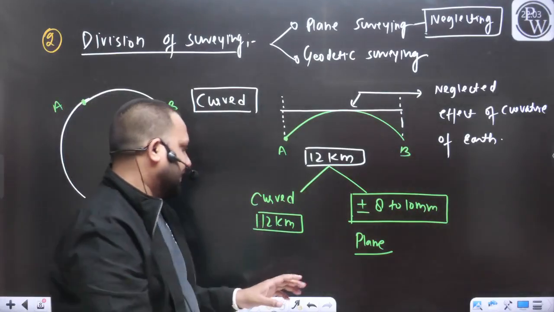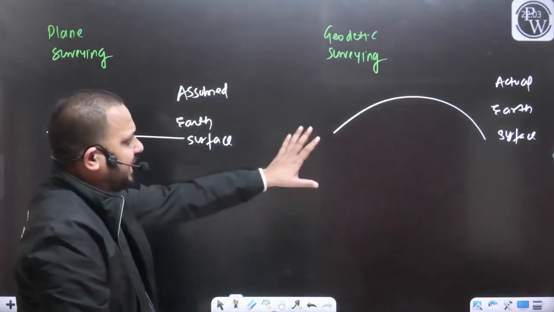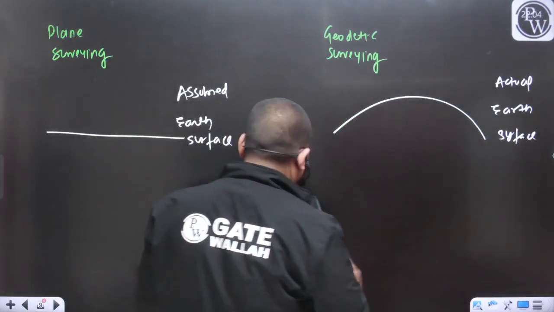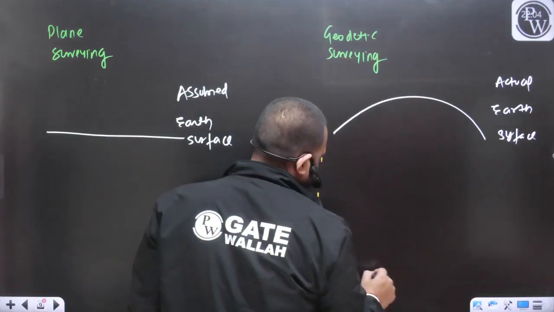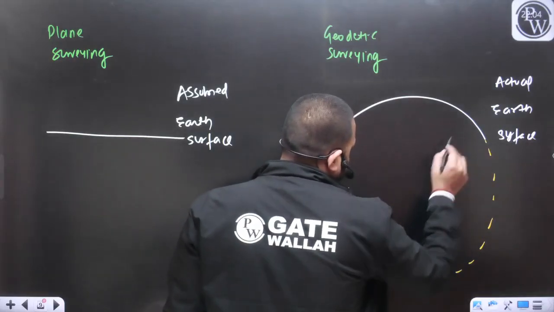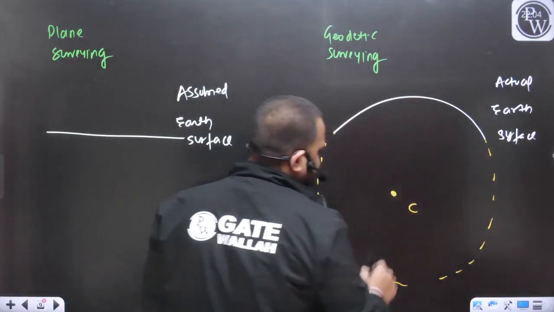So if we consider the earth surface like this, as a part of the earth, somewhere there will be the center.